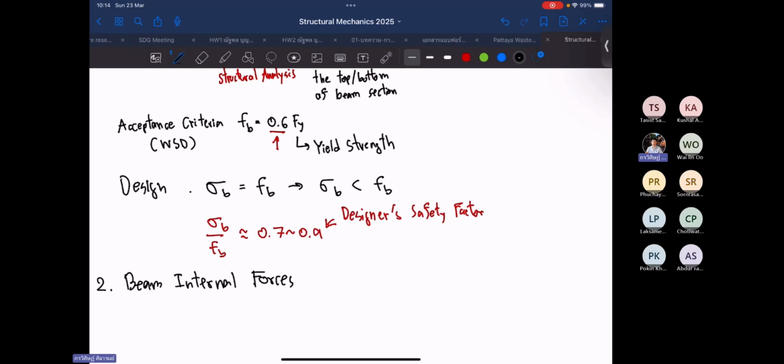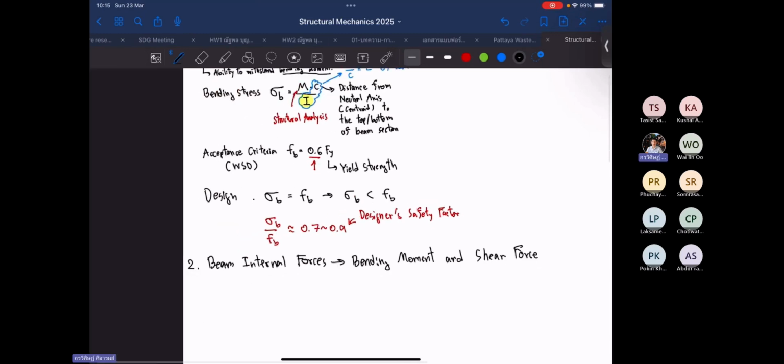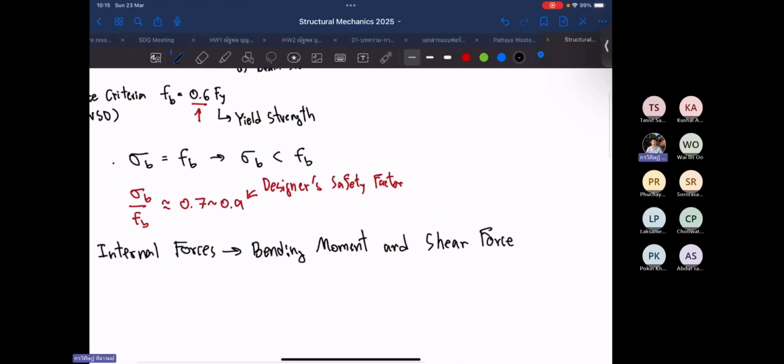Okay, this one mainly bending moment and shear force. So bending moment is denoted by M, and shear force usually denoted by V.